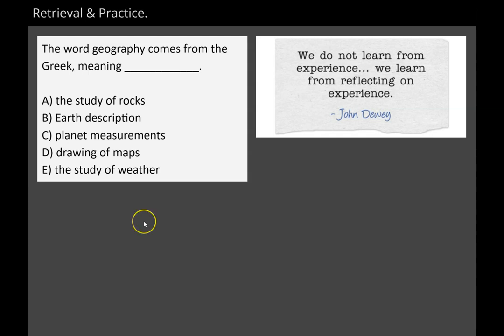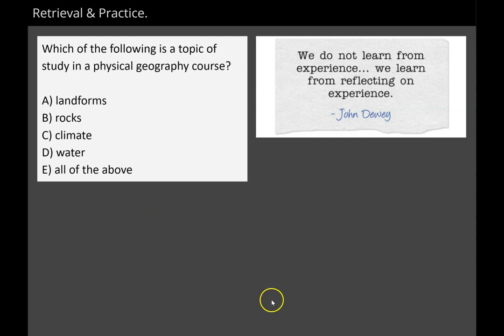Let's try another multiple choice question. Which of the following is a topic in a physical geography course? Landforms, rocks, climate, water, or is it all of the above? Let's take a few seconds and pick your answer.